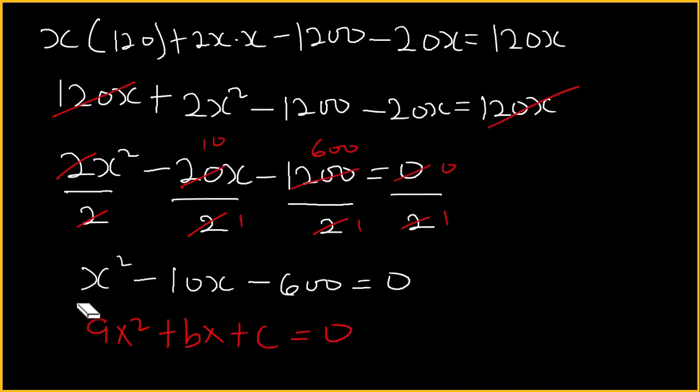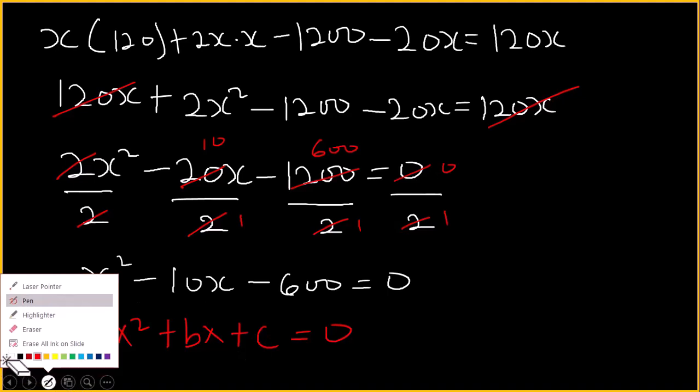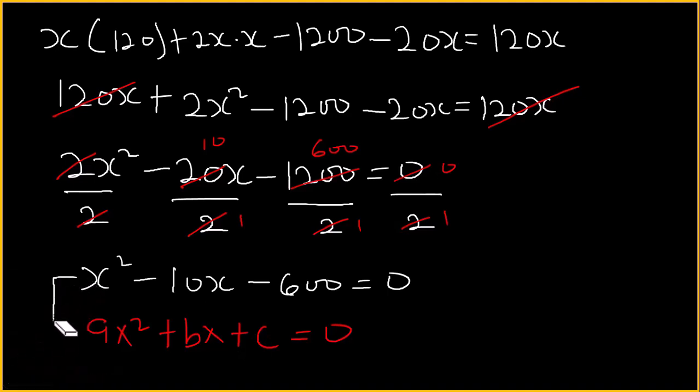Now let's move on to finding the variable x. So x squared minus 10x minus 600 is equal to 0.